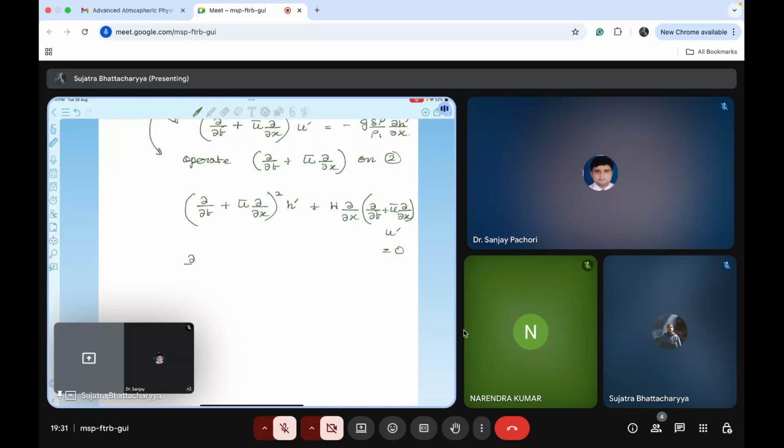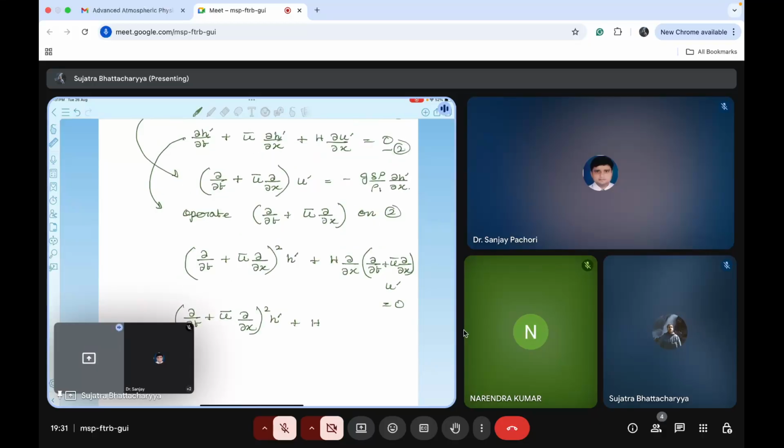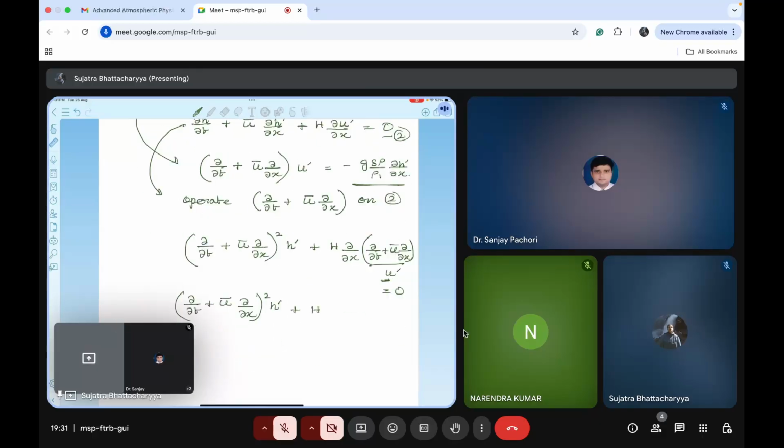So (∂/∂t + ū ∂/∂x) whole square h' plus h. Now, what is this ∂/∂x of, sorry, this thing? This thing is already here. So just put that: ∂/∂x of minus g Δρ/ρ1 ∂h'/∂x. That's all.